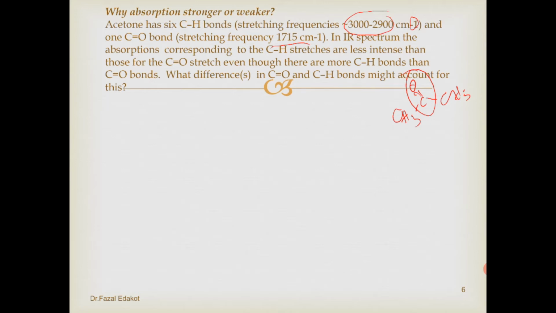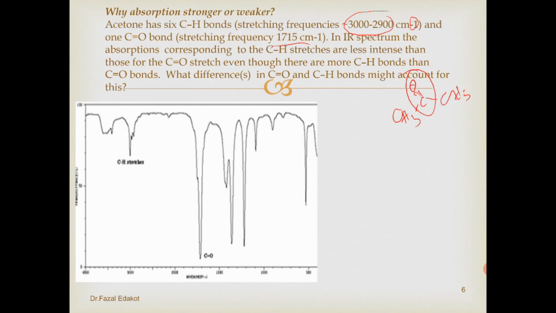If you look at the spectrum, you can see a strong peak for the CO bond and a very weak stretching band for the 6 CH bonds. Why? You can look at the diagram. This is for CH and this is for CO.